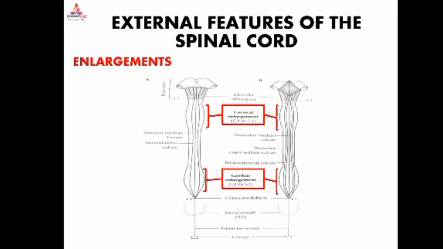The cervical enlargement extends from C5 to T1 spinal segments, but the vertebral level is C3 to T1. Similarly, the lumbar enlargement extends from L2 to S3 spinal segments, but the vertebral level is T9 to L1.